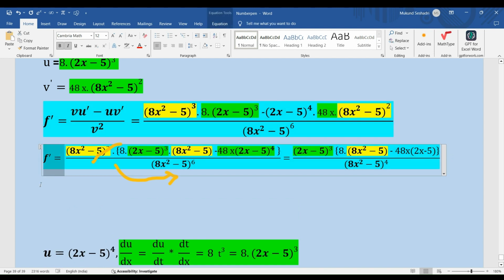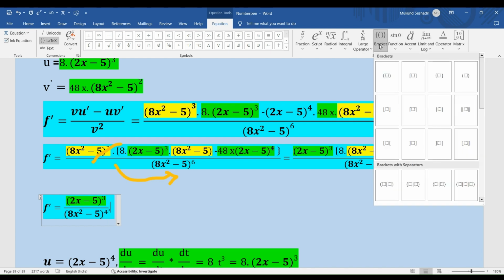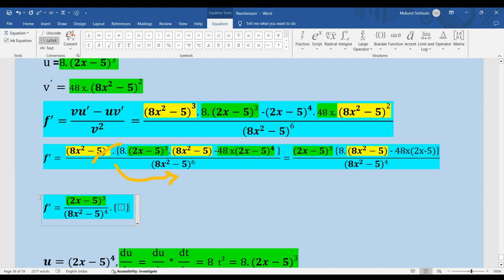I don't think we can do any further simplification. So there I have pulled out what we extracted in our previous step: (2x − 5) the whole cube divided by (8x² − 5) the whole power 4. I don't think we can do any further cancellations in this. And then I represent my other expression, which looks like a quadratic expression, right?